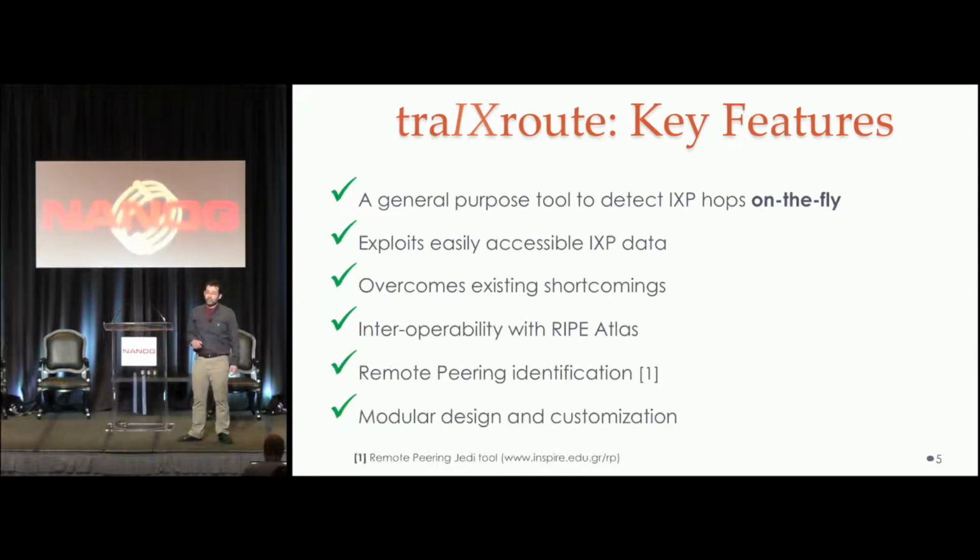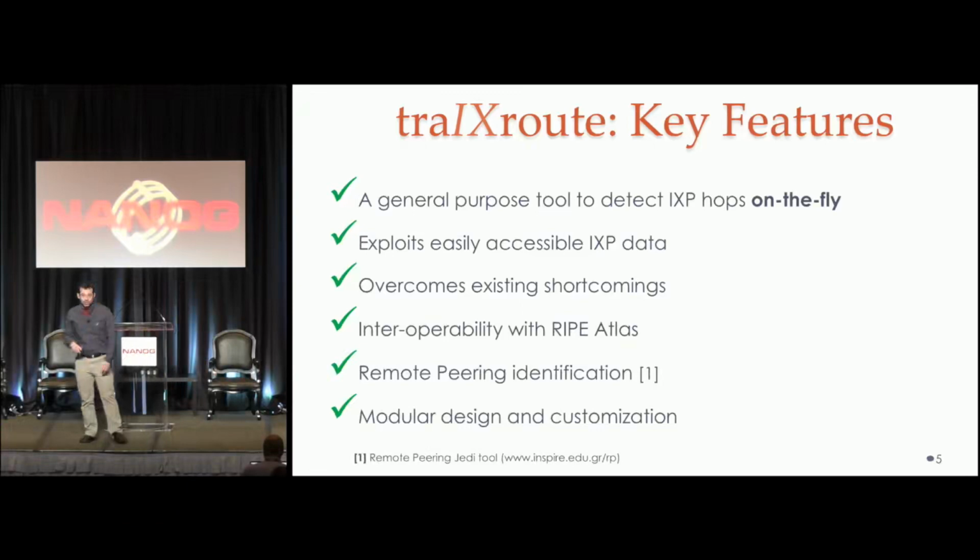Also, traIXroute supports direct communication with the RIPE Atlas infrastructure. This means that through the tool, you can create or even fetch measurements from the RIPE Atlas database in order to analyze them and then see where you have an IXP crossing or possible IXP crossing in traceroute paths.